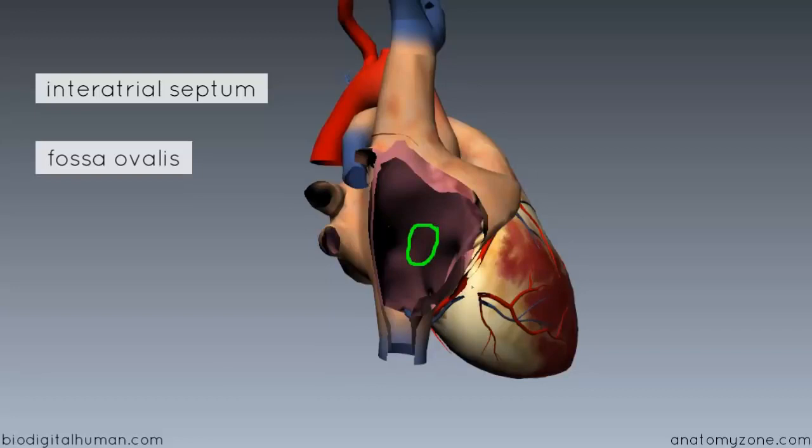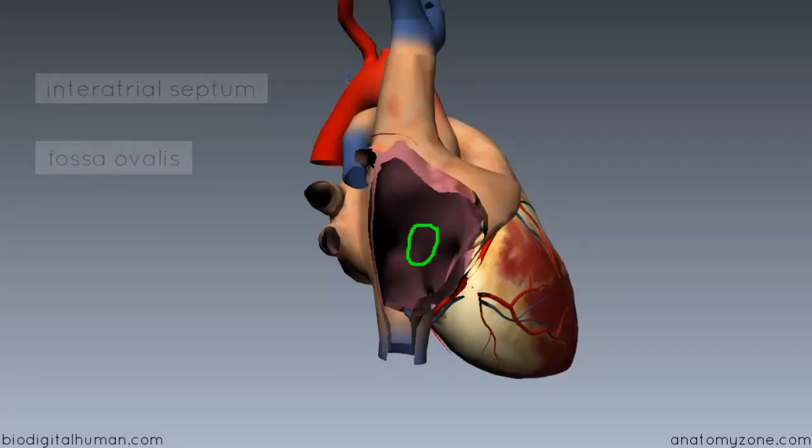It's essentially a remnant of the embryonic foramen ovale, which in the fetus allows blood to pass from the right to the left atrium. It's open in the fetal heart, and you get this flow of blood from the right to the left atrium, bypassing the lungs, which aren't functional in the fetus. But in the adult it should be closed. So this is the fossa ovalis on the interatrial septum.